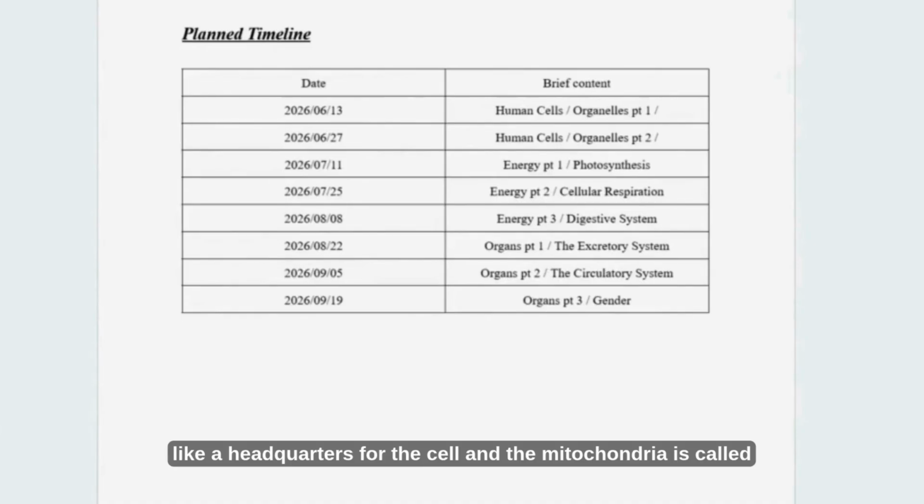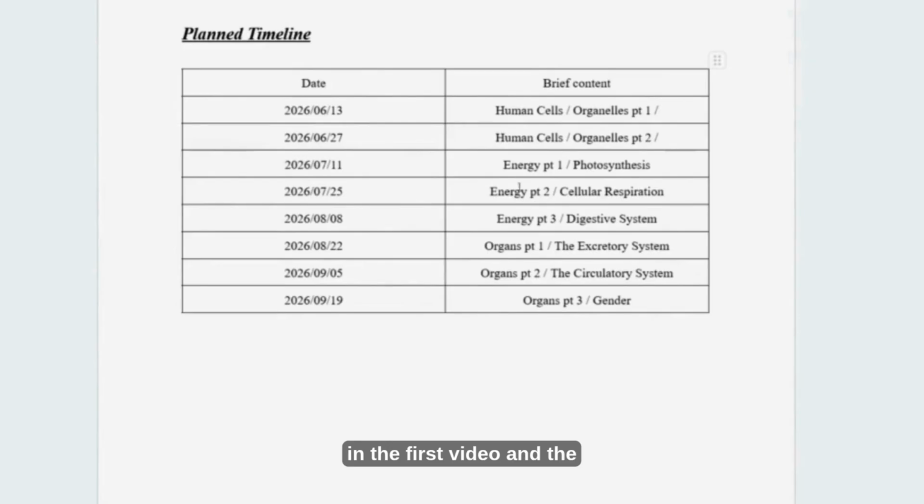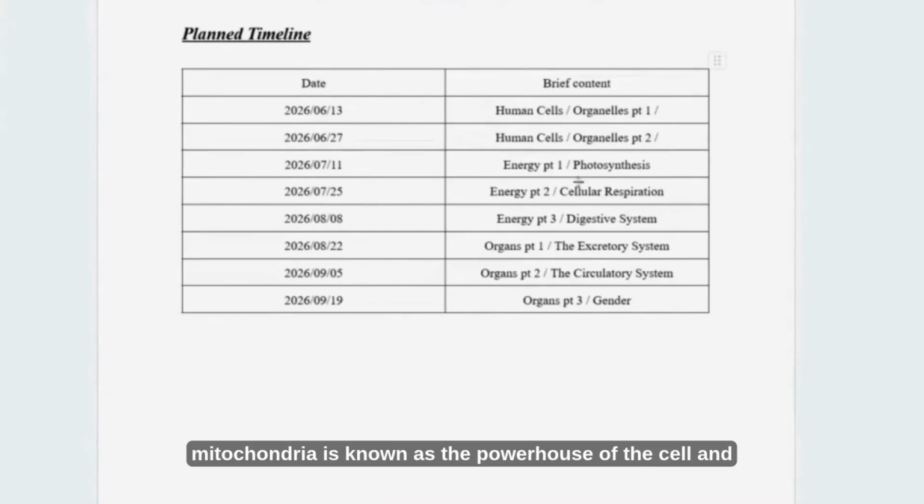The mitochondria is called the mitochondrion in singular form. It's needed to create energy in the form of adenosine triphosphate. How it can do this will be explained further in the first video, and the mitochondria is known as the powerhouse of the cell.